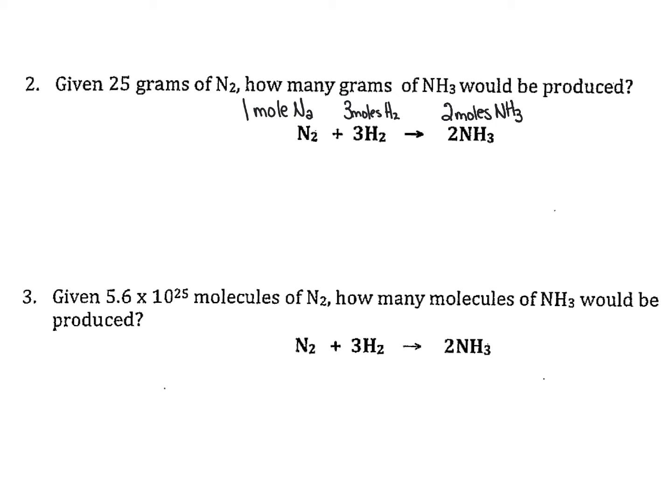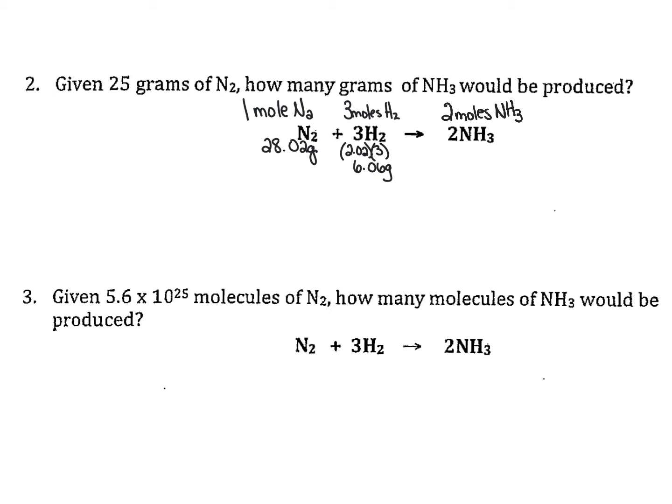By looking at the periodic table, 1 mole of nitrogen weighs 28.02 grams. 3 moles of hydrogen, 1 mole of hydrogen weighs 2.02, so 3 moles of hydrogen would weigh 6.06 grams.